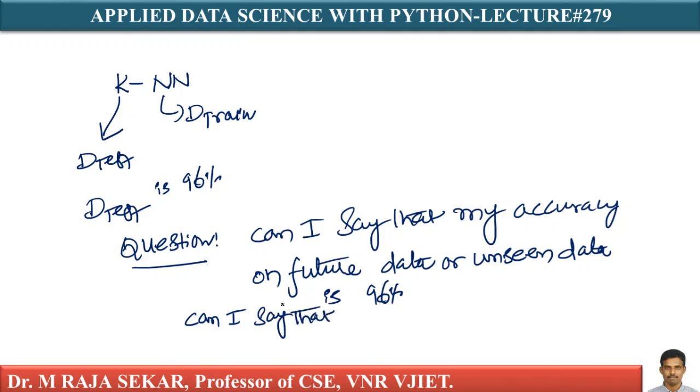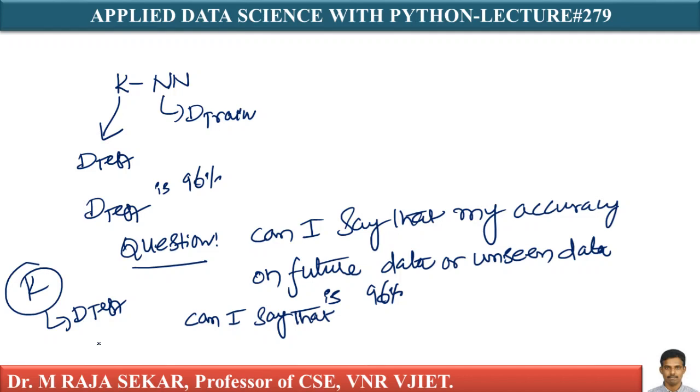This is a very important question. My argument is you cannot say this, because to determine what k is, we used the D-test. Just recall, to determine k, we used the D-test, that is the test data set.